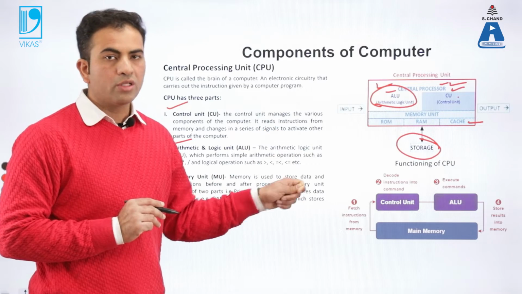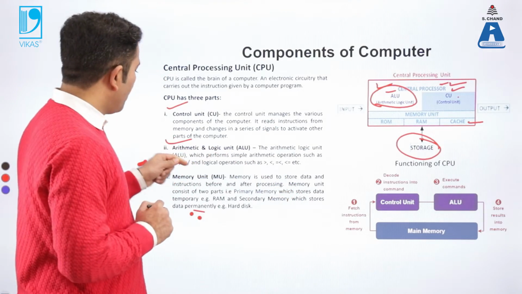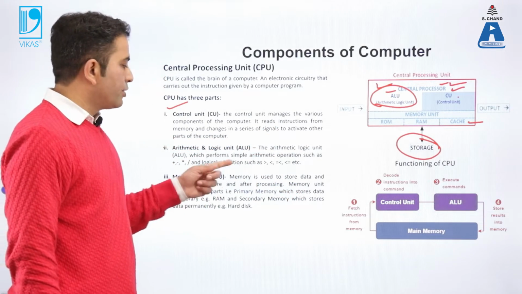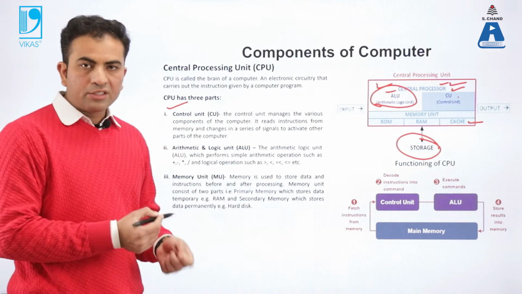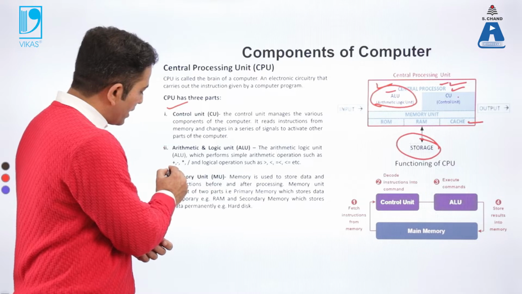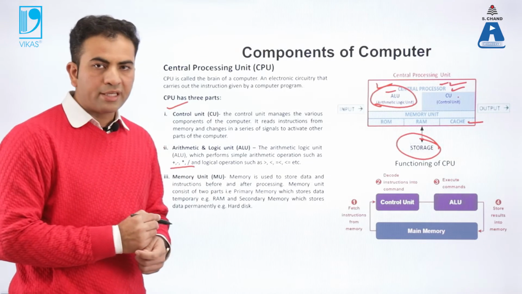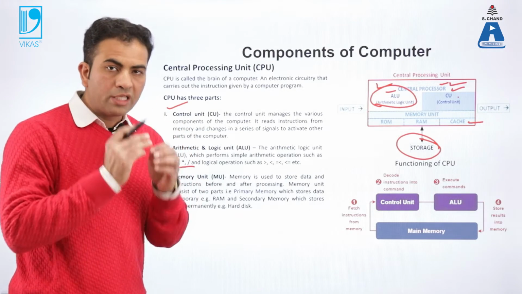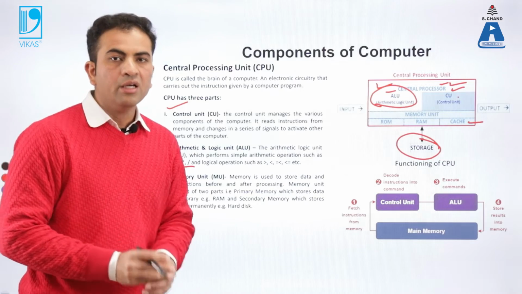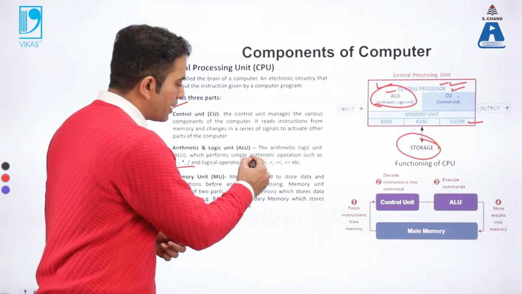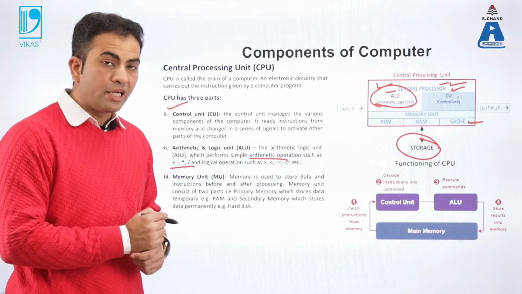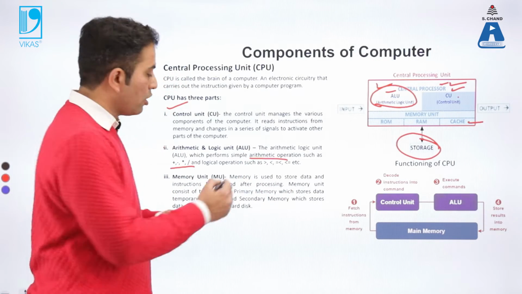Then the arithmetic logic unit performs simple arithmetic operations using arithmetic operators, that is plus, minus, multiplication, division. All the instructions we write for the computer are written using arithmetic operators and relational or logical operators.